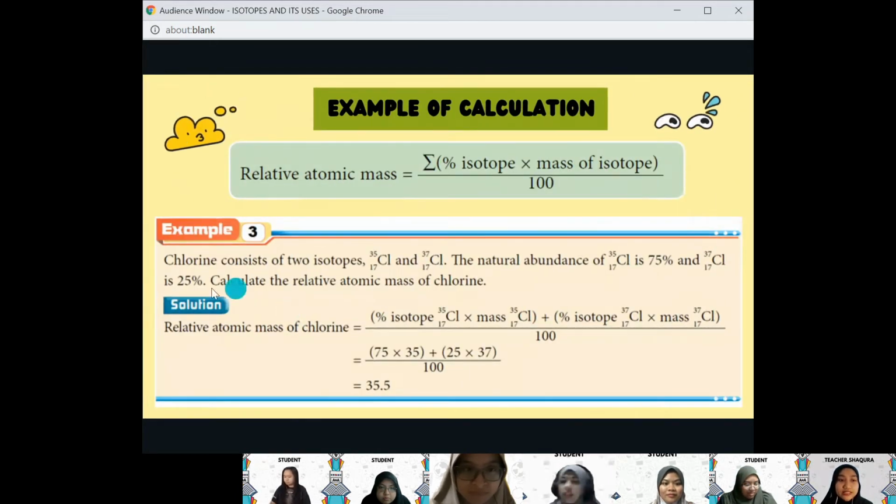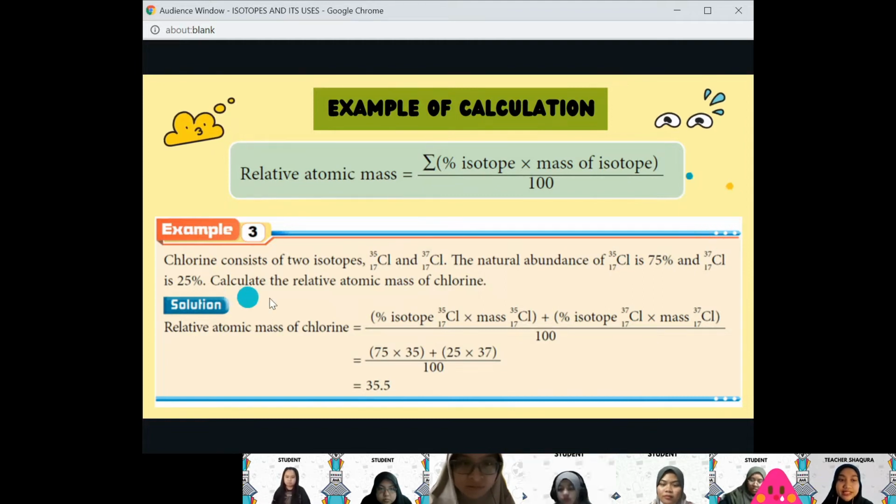The question asks, chlorine consists of two isotopes, chlorine-35 and chlorine-37. The natural abundance of chlorine-35 is 75% and chlorine-37 is 25%. Calculate the relative atomic mass of chlorine.